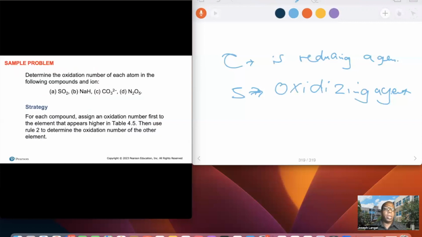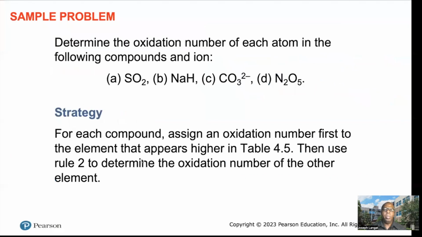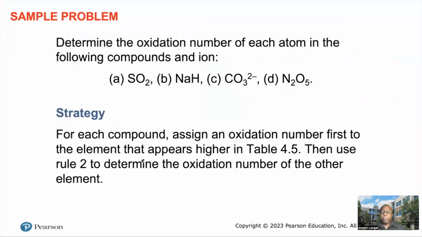Here is an example on assigning oxidation state. You can read on your own. Let's just do this real quick. Determine the oxidation number of each of the atoms in the following compound. So remember what I said, you'll assign this one first before you do that. Then you do the calculation, you equate to 0. This will take first priority.